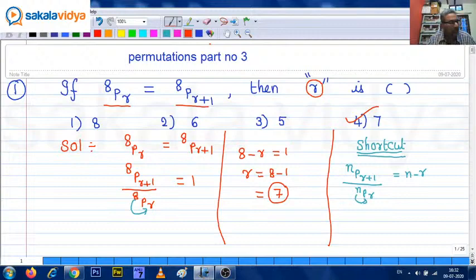Okay, now let us move to the second problem.